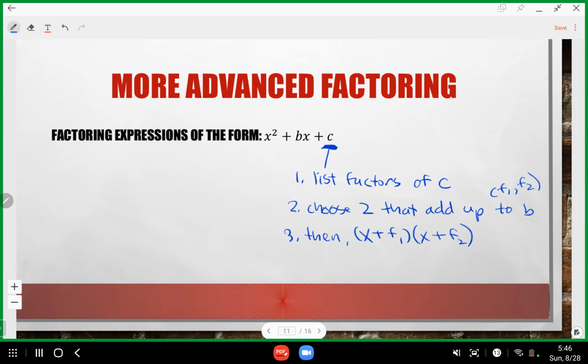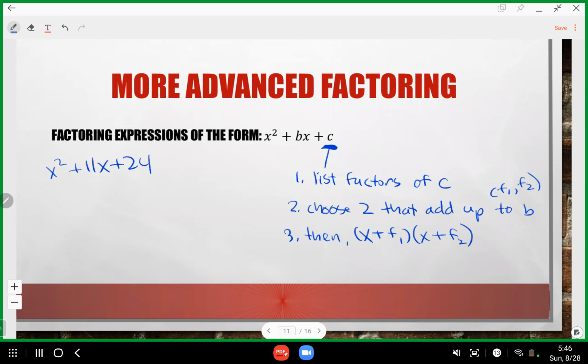So let's do it with an example. Since we did that example on 24 earlier, let's do x squared plus 11x plus 24. Can you factor this? Yes, you can factor this.